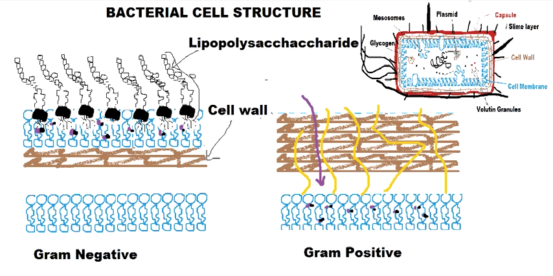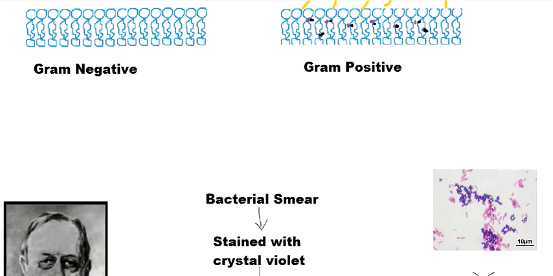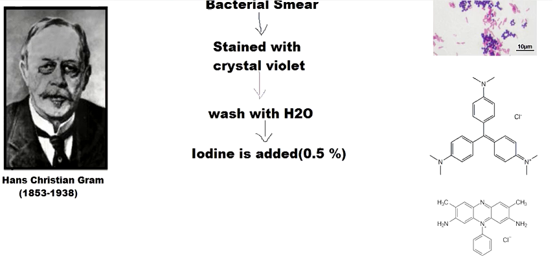So what happens after we wash it with ethanol or acetone is that decolorization takes place in the case of gram-negative bacteria. So we will mention: wash with alcohol, or acetone can also be taken.